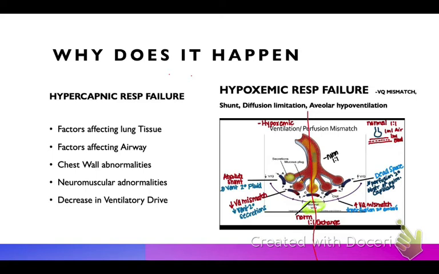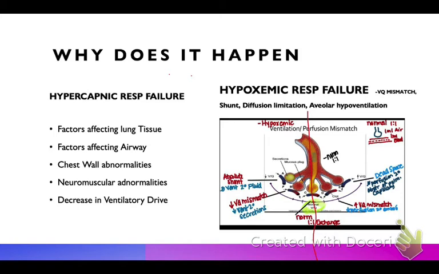Chest wall abnormalities, again, your stab wound, your broken ribs, your falls, your car wrecks, things like that. You could have congenital abnormalities, neuromuscular abnormalities. Think about your ALS or your MS. And then a decrease in ventilatory drive.